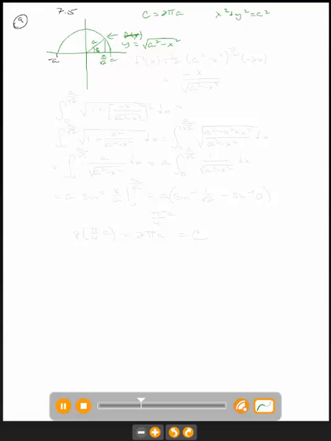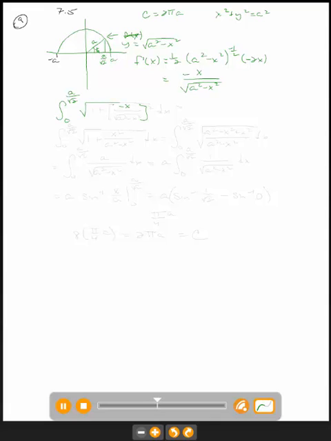So we could come up with the derivative. Let me go back and look at it. Yes, hang on. The derivative of our function would be 1/2 times a squared minus x squared to the negative 1/2 times negative 2x, which would clean up to negative x over the square root of a squared minus x squared. And then we use the arc length formula and go from 0 to a over the square root of 2.